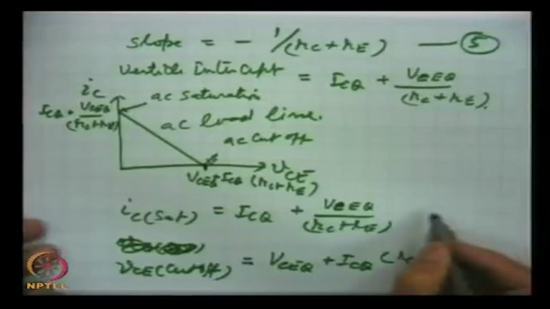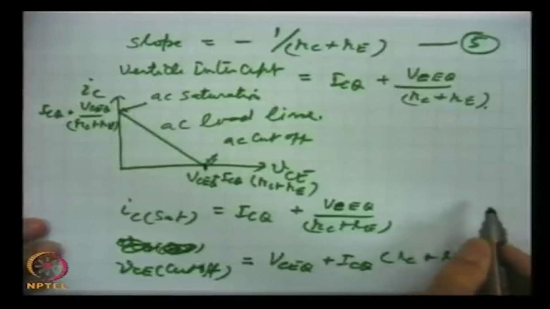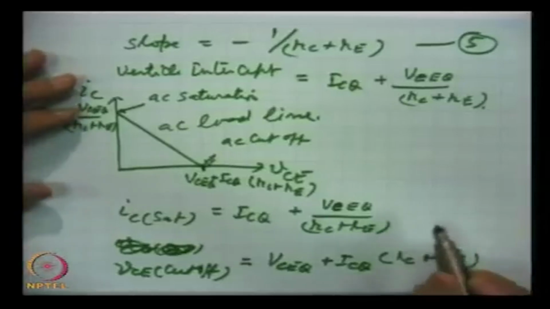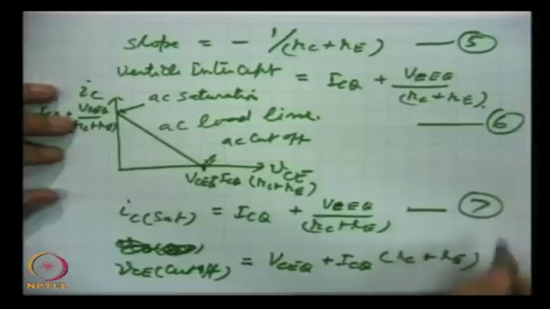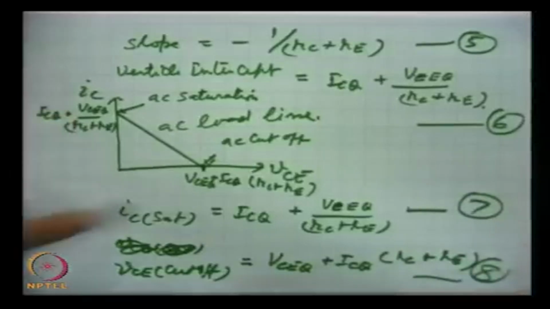This is equation 6, this is 7 and this is 8. This 7 and 8 equation, the IC saturation point and VCE cutoff point, we will have to remember because we are going to use that. The AC load line plays an important role when we plot it over the output characteristics of the power transistor.